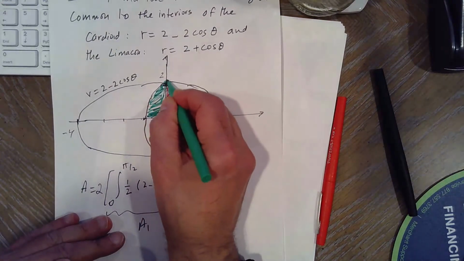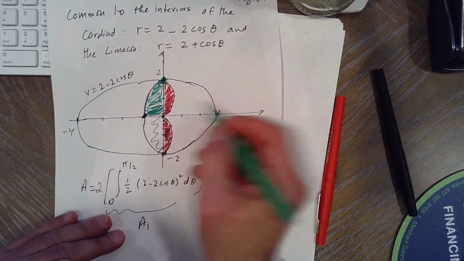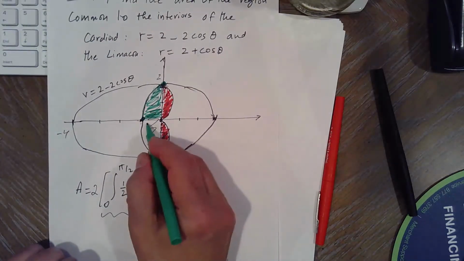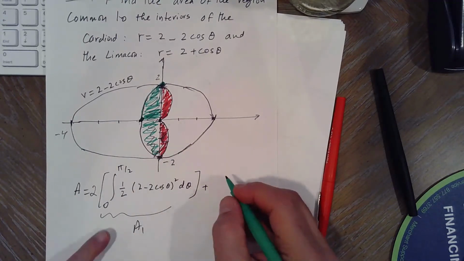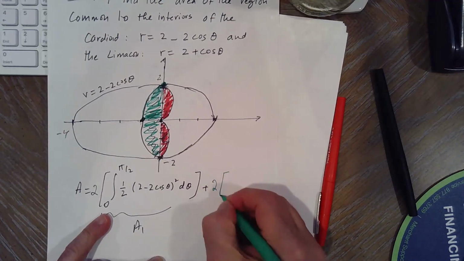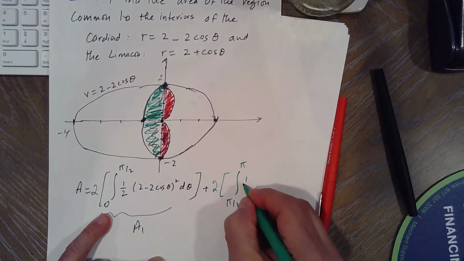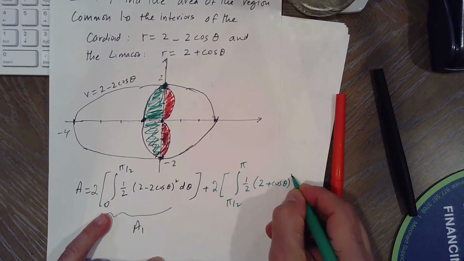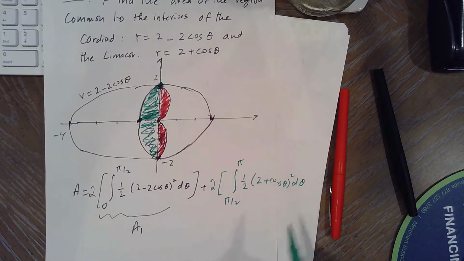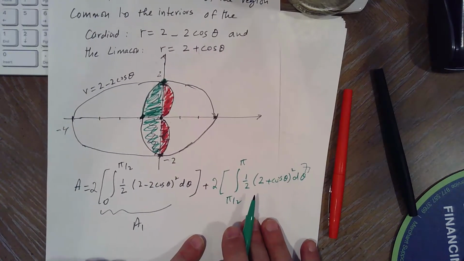It's from theta equals pi over 2 to pi, and that's the limacon. We times it by 2 to get this part as well. So plus twice the integral from pi over 2 to pi of 1/2 times 2 plus cosine theta squared d theta. Okay, so that's A2.